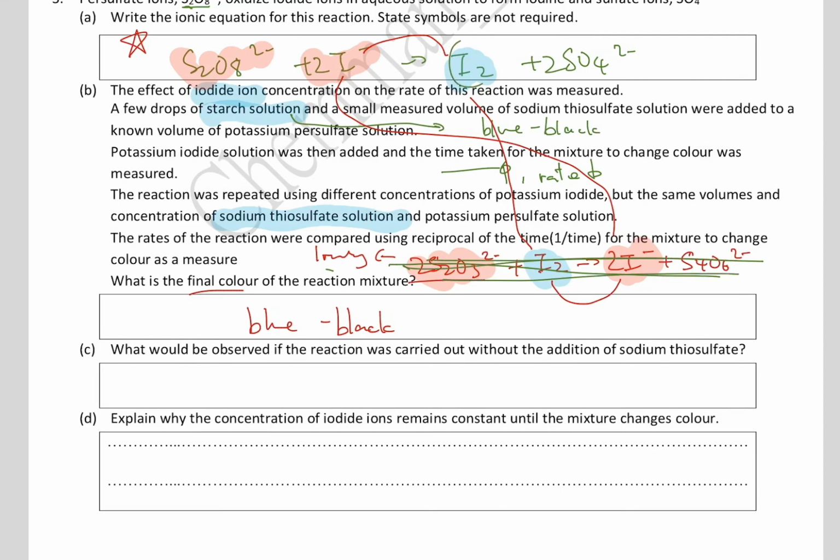That means all the I2 formed can react with the starch. That's why, for the iodine clock reaction, most of the time the second equation is this one.